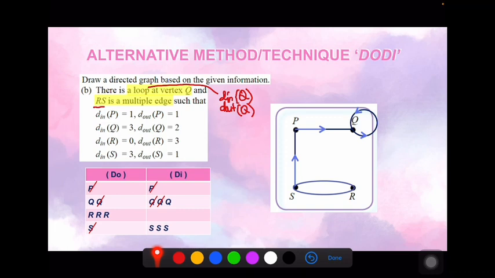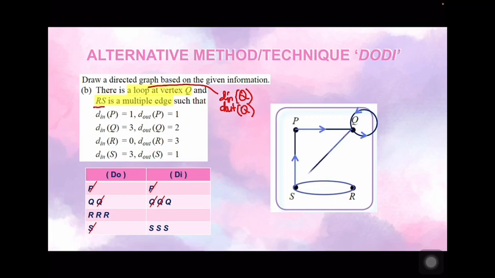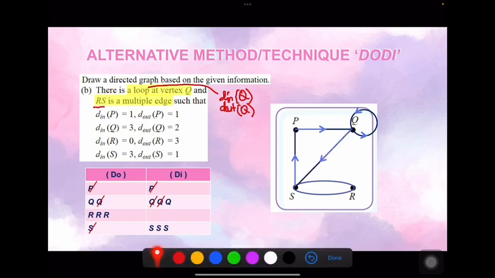The next step, we are going to draw another edge from Q to S. So from the table, cancel letter Q at D out and letter S at D in. Alright? So now, we are going to draw another edge from R to Q. That means cancel R at D out, and Q at D in.